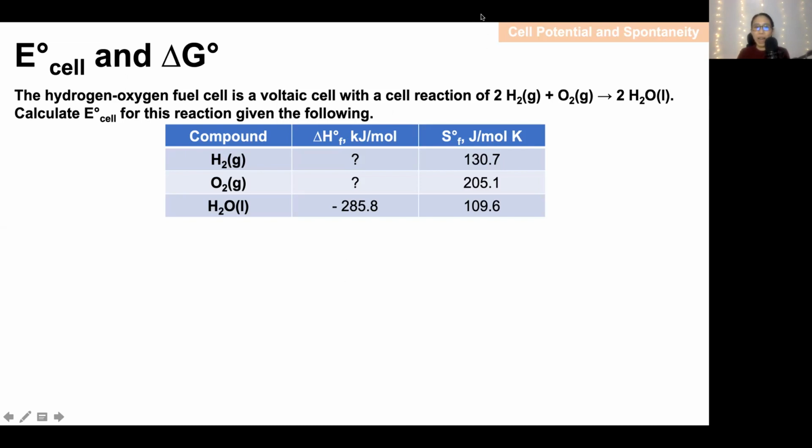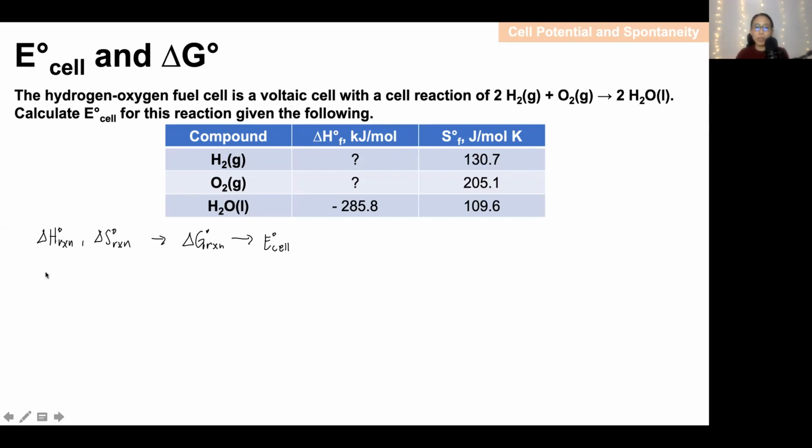So it means that we need to get delta H naught reaction first. So we need to get delta H naught reaction and delta S naught reaction from the given table. From these two, we will get delta G naught reaction. And from our delta G naught reaction, we should be able to get our standard cell potential.